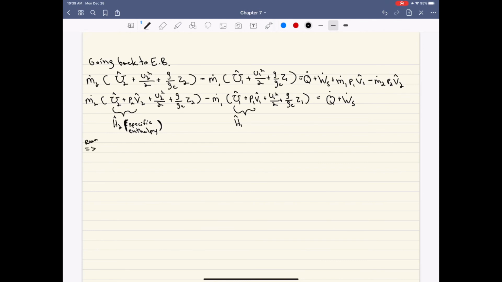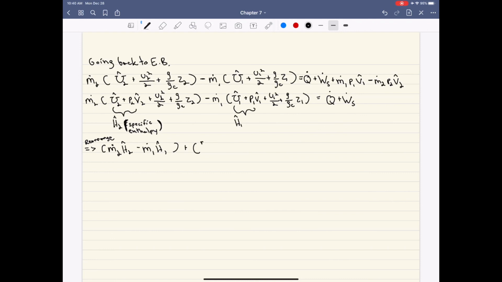I'll skip over all the algebra and leave it for you to do, but I'll write the final result. We're going to have M2 times H2 hat minus M1 times H1 hat. Okay, so that's the enthalpy term.